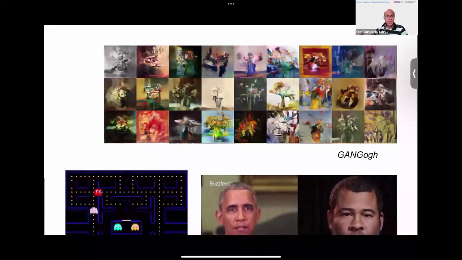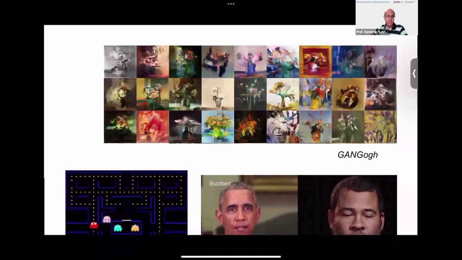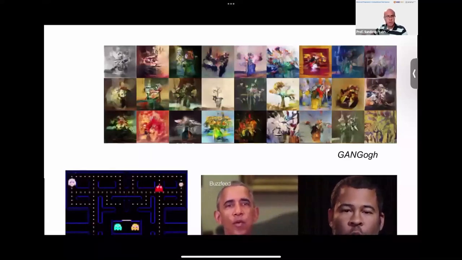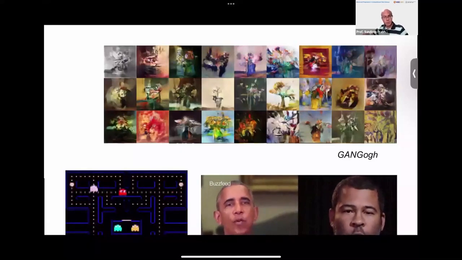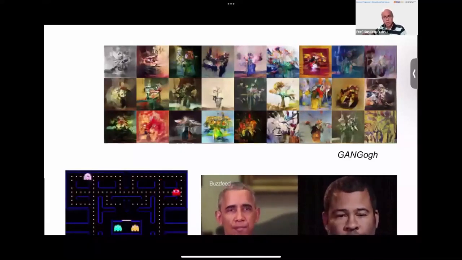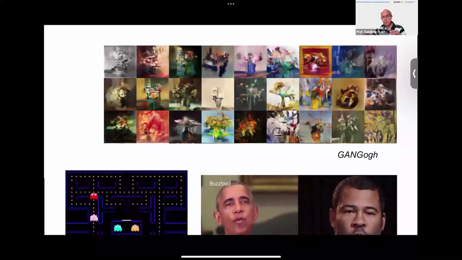In this particular case, a Dutch artist called Van Gogh has a particular style of creating paintings. Now, of course, Van Gogh is not there anymore, but now imagine that you train a network by showing a lot of these Van Gogh type paintings, and you ask it to generate new paintings as if they were generated by Van Gogh.